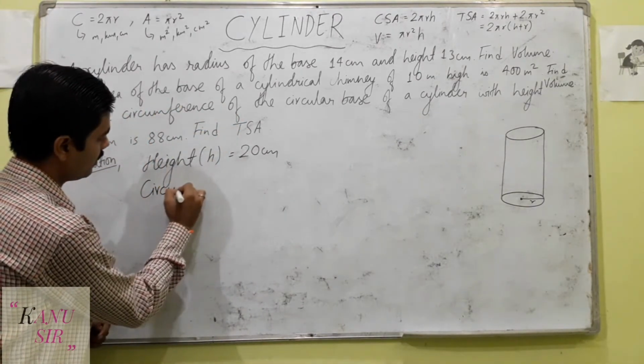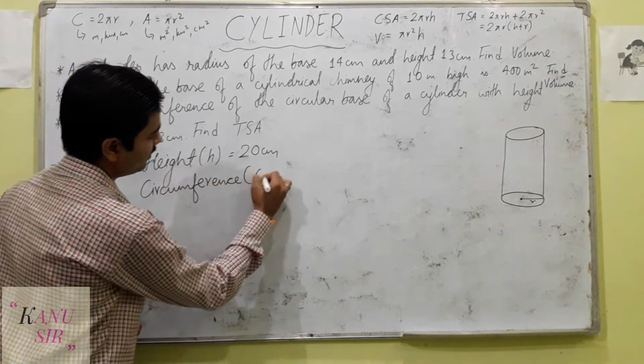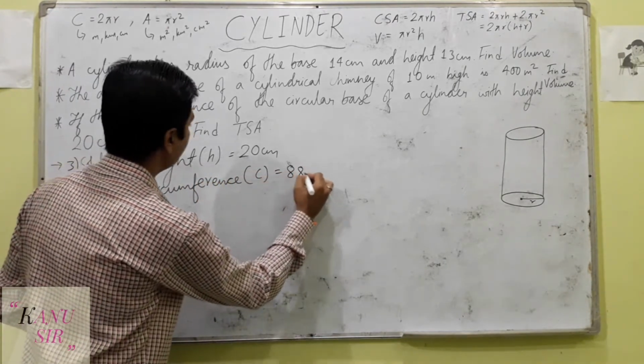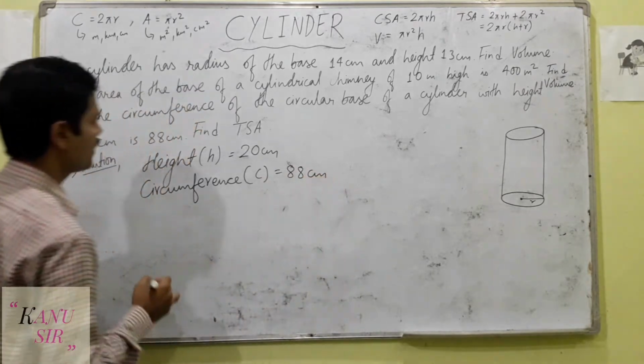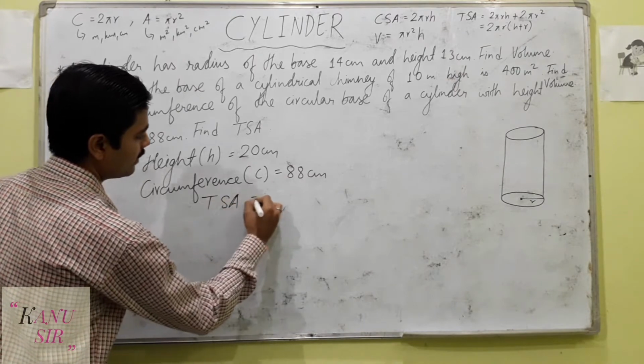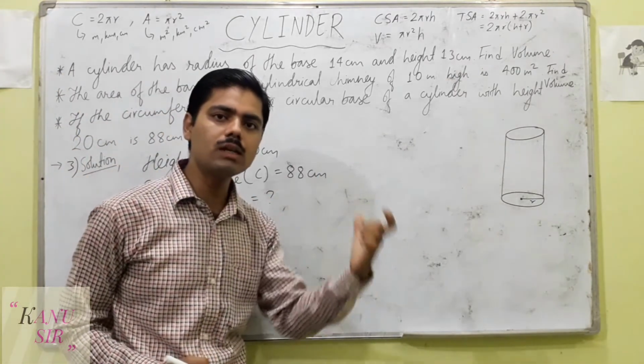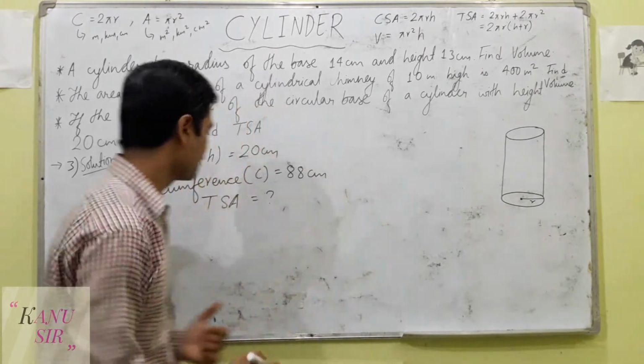So we'll write circumference C is equal to 88 centimeter. Find total surface area. TSA is equal to what? The full form of TSA is total surface area.